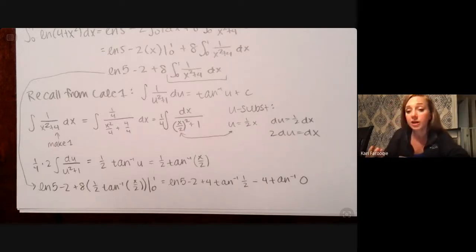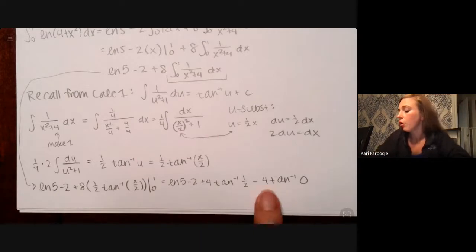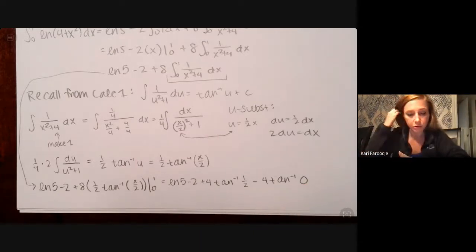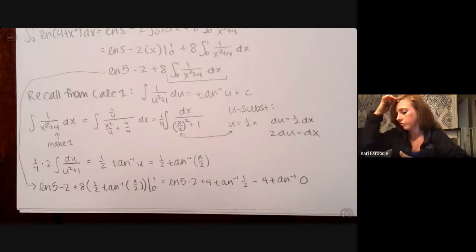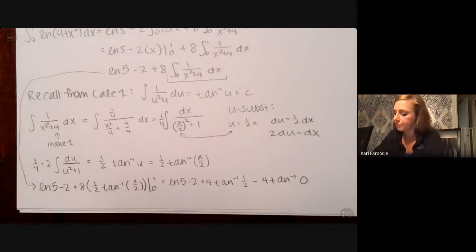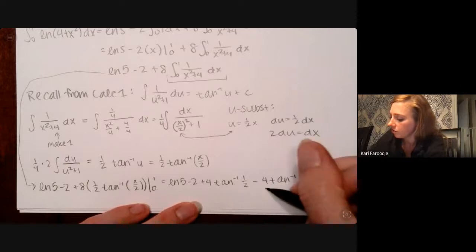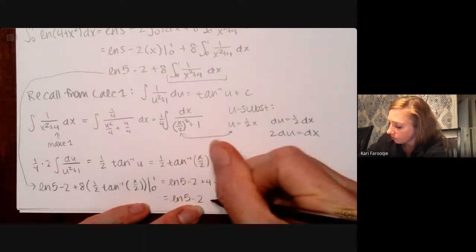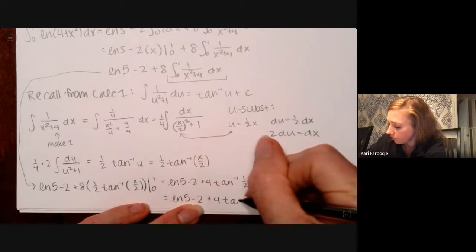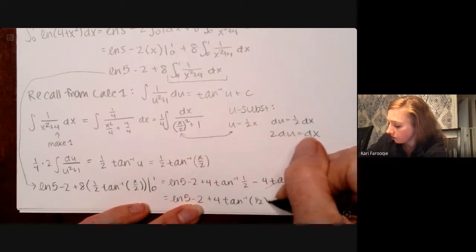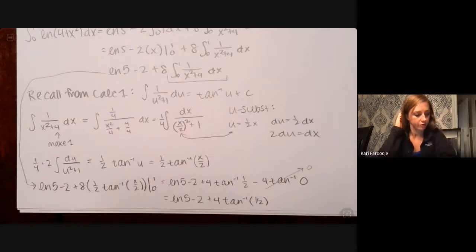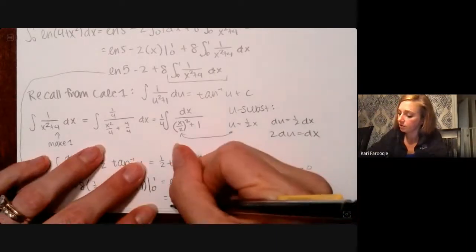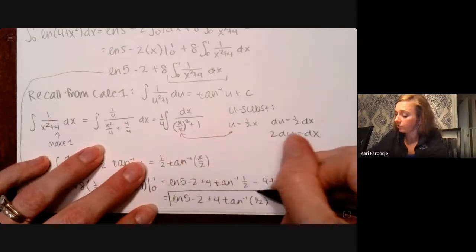Remember, when you're looking at an inverse tangent, you're asking yourself, what angle has a tangent value of 0? Well, that would be 0. You can also pop that into your calculator. Inverse tangent 0 is going to be 0. So this guy goes to 0, and what you end up with here is ln 5 minus 2 plus 4 inverse tangent 1/2. And you can stick a box around it. It's done.